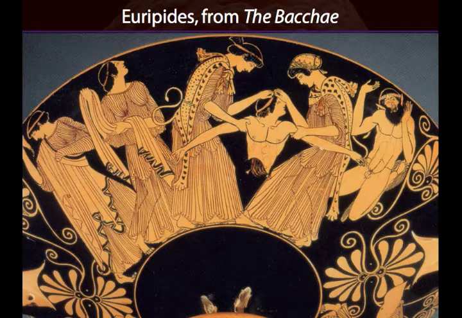What strikes me reading the Bacchae is that the men and the women are both transformed. The men and the women both become this other, and at the end of the play, both the men and the women suffer.